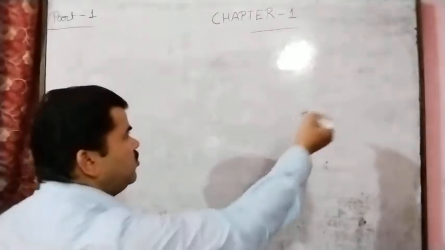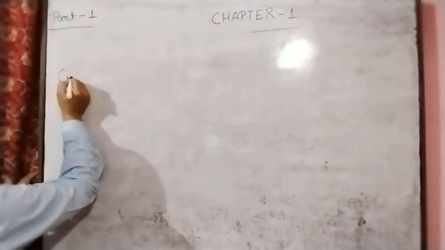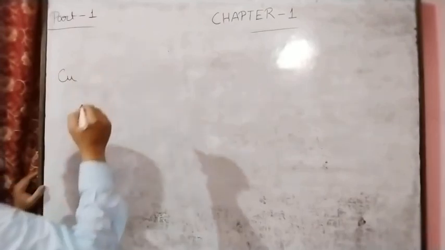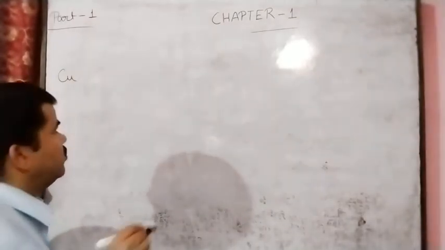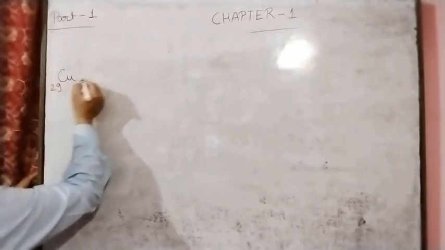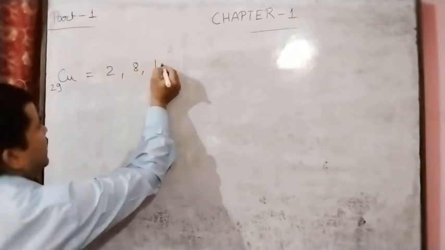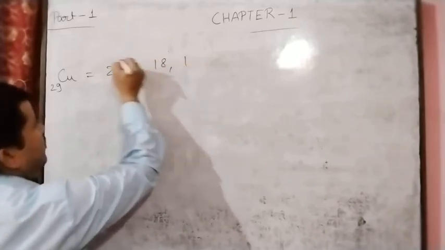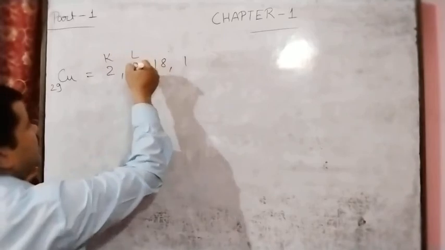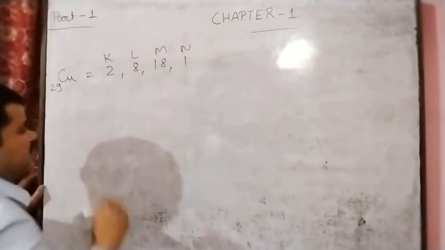If you take one example, copper, copper has the valencies +1 and +2, and the atomic number of copper is 29. So we can write 2, 8, 18, 1, meaning the K shell has 2 electrons, the L shell 8, the M shell 18 and the N shell 1 electron.